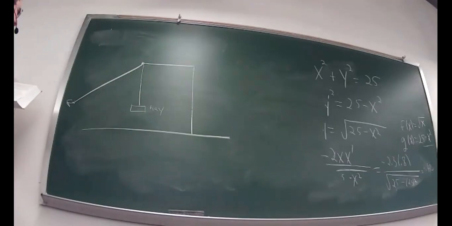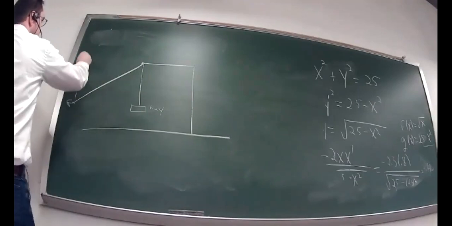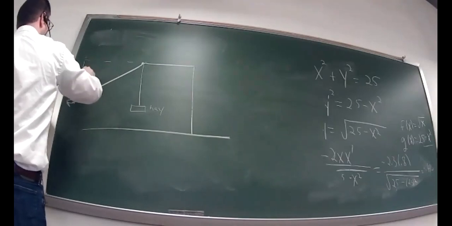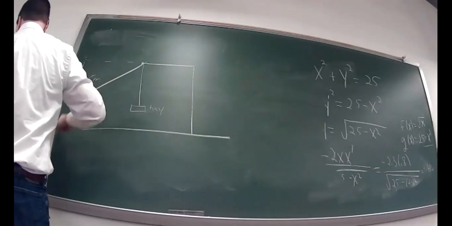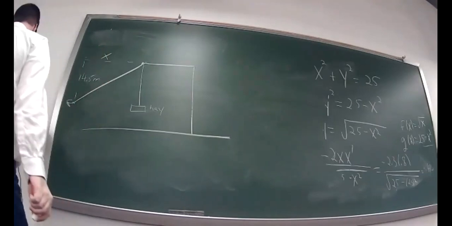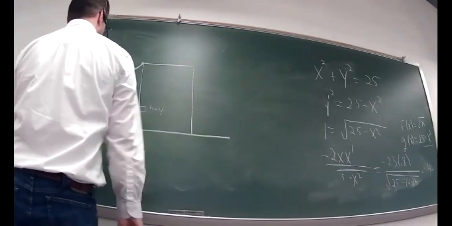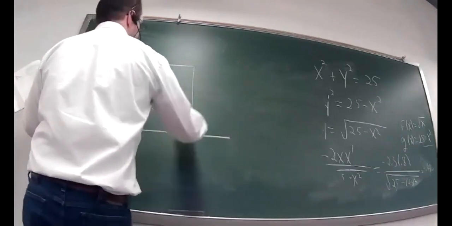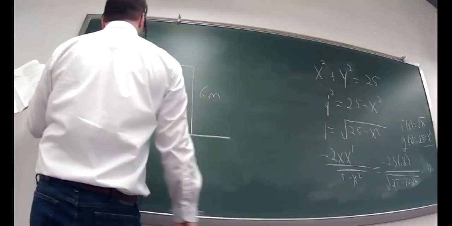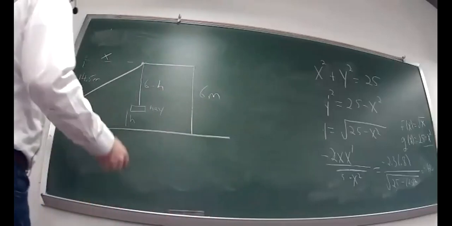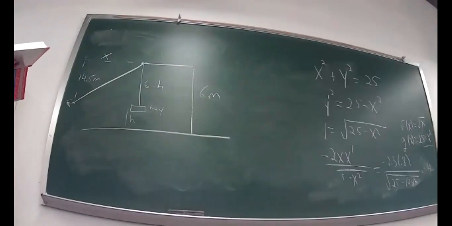Here's a diagram that's given to you in the problem statement: this length is 4.5 meters. This length we're calling x. The distance from the hay to the ground we're calling h, and this is a 6 meter high pulley, so this distance has to be 6 minus h because they add up to 6.